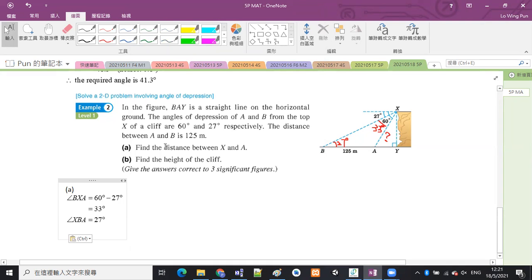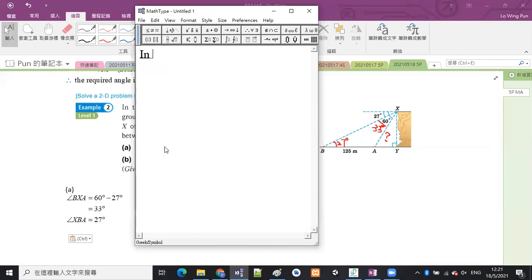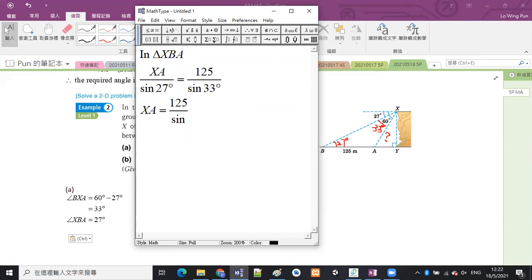And then in triangle XBA, I'm going to set up the sine formula now. So XA divided by sine 27 degrees is equal to 125 divided by sine 33 degrees. Okay, and then you just multiply by sine 27 degrees on the right-hand side. And use the calculator.